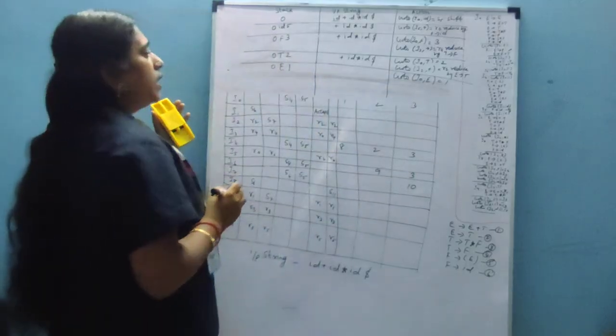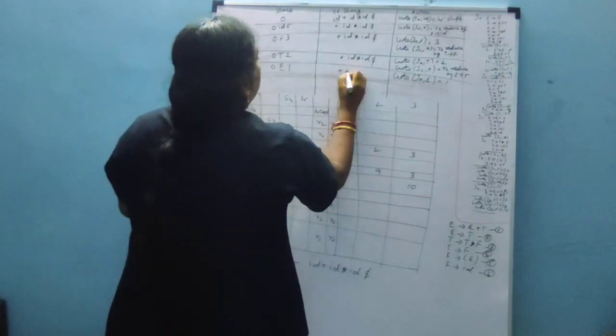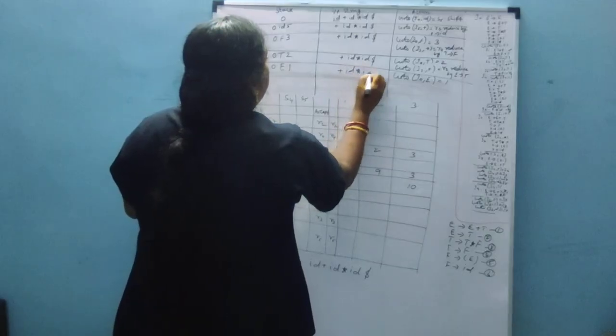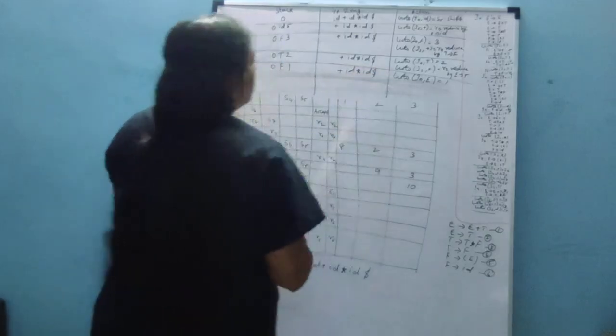Writing here as 1, here plus id star id dollar.